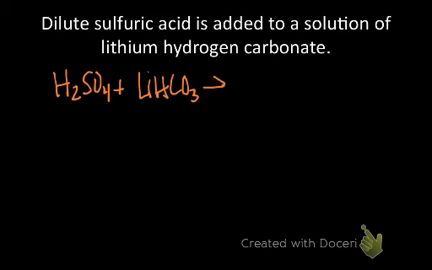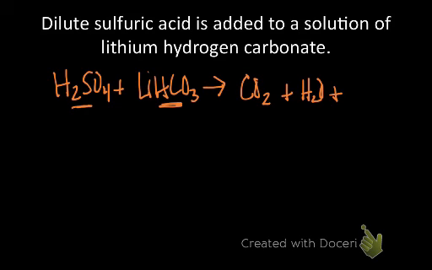And then we're going to look at what our products are going to be. This is a special type of reaction. So this is an acid reacting with a carbonate. And when you have a carbonate, it can be HCO3, a hydrogen carbonate or a bicarbonate, or it could just be the CO3 minus 2 by itself, the carbonate by itself. So acid and a carbonate reaction give you CO2 and H2O, and then the other product is whatever salt is left.